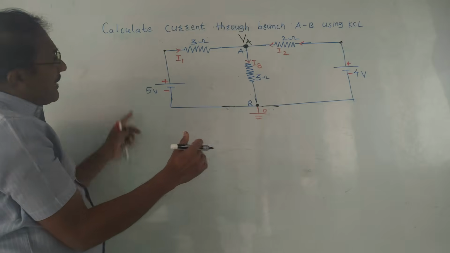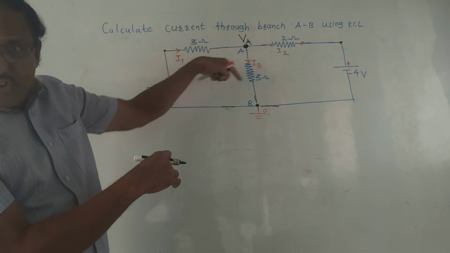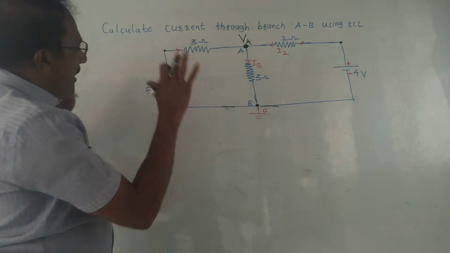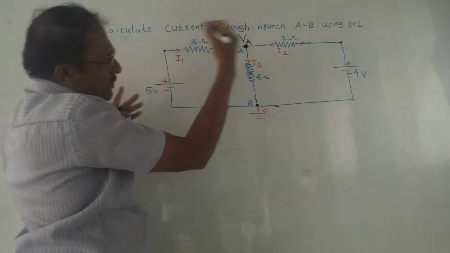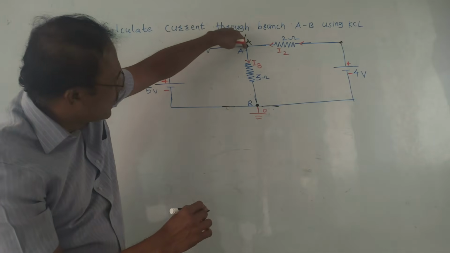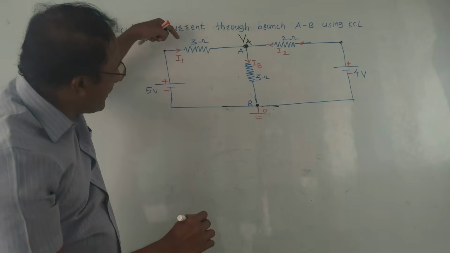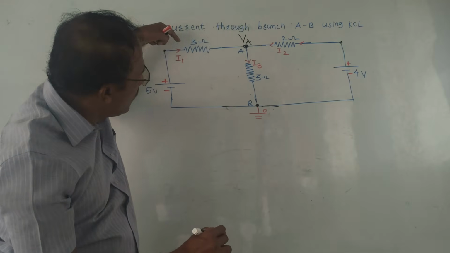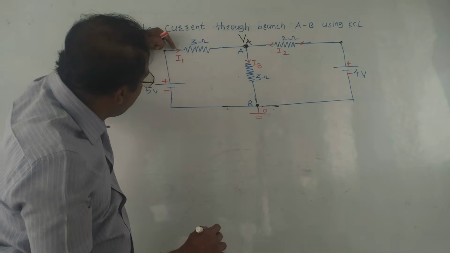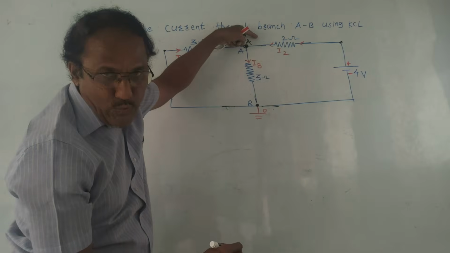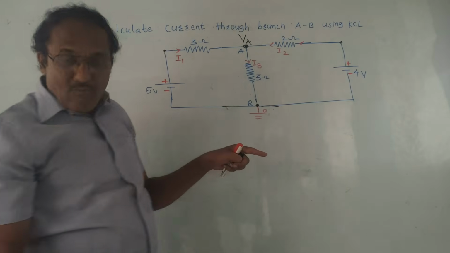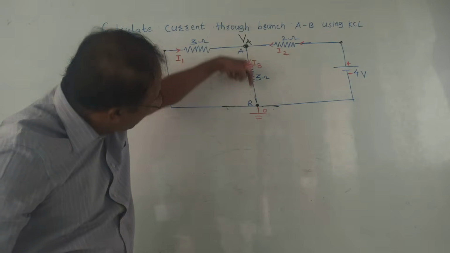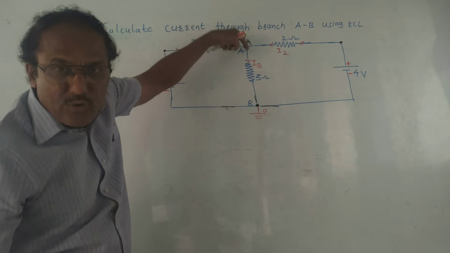Next step is, I have marked the directions of current in the diagram. According to the statement of KCL, incoming currents are equal to outgoing currents. Look at this node. Incoming currents are currents flowing towards this node, towards VA. So incoming currents are I1 and I2, because the arrows of I1 and I2 are towards node VA, while the outgoing current is I3 because it is away from node VA.